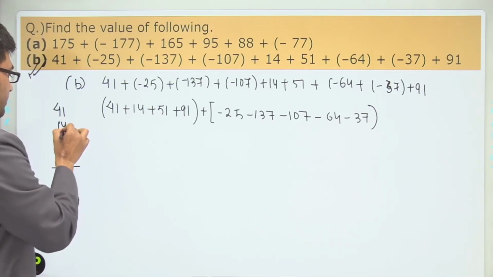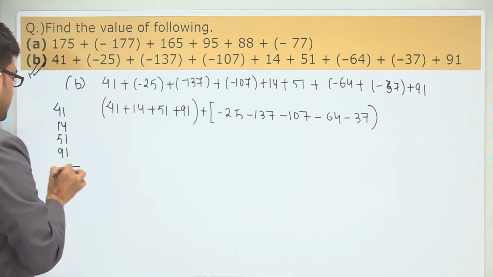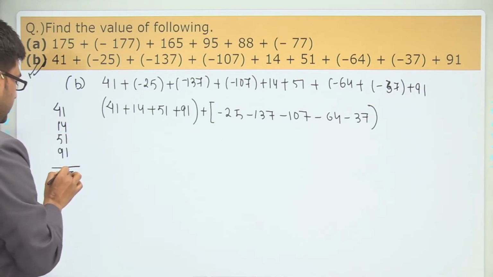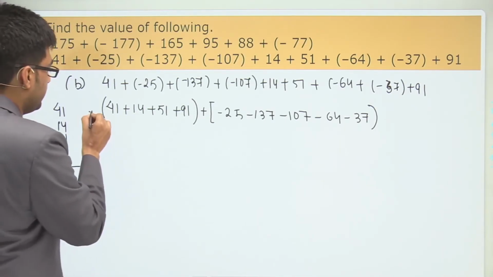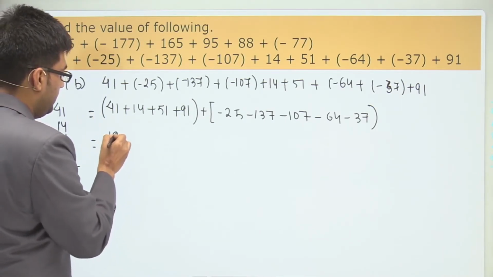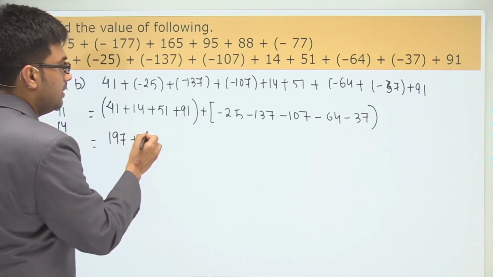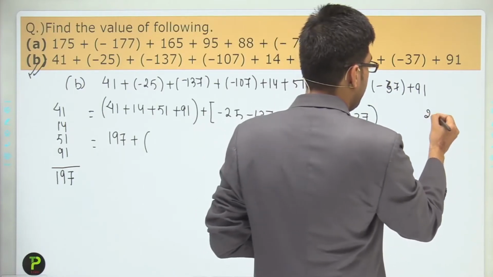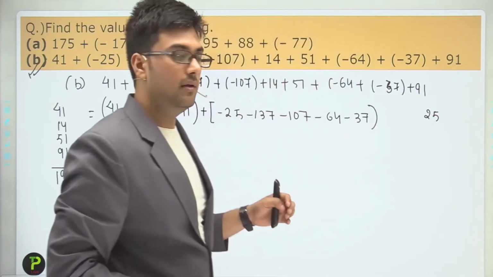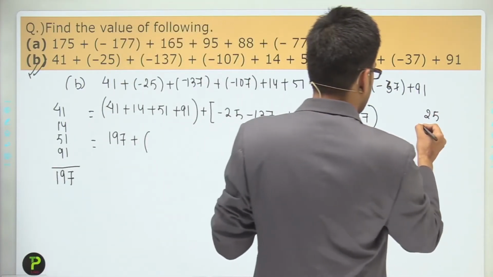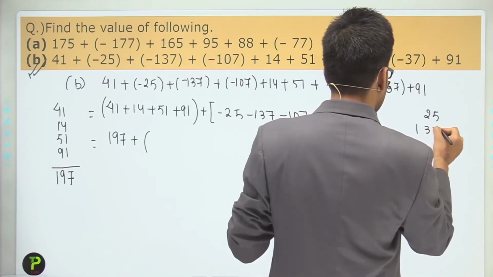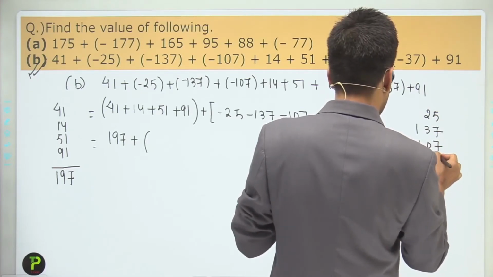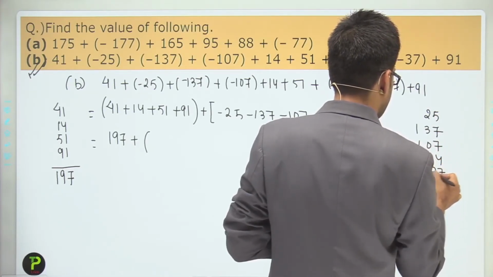Now when we add 41, 14, 51 and 91, what will we get? 4 plus 1, 5, 6, 7. 9 plus 5, 14, 15 and 4, 19. So it is 197. So 197 plus, this is what, students? We have to add all of these negative numbers and put a negative sign before the number. So 25 plus 137, 107, 64 and 37.